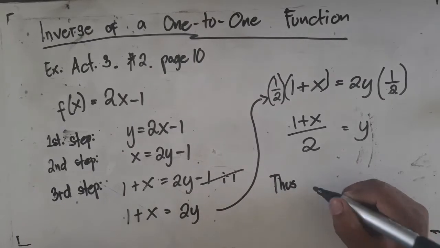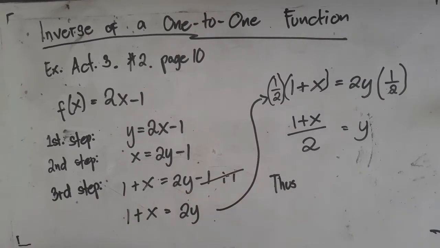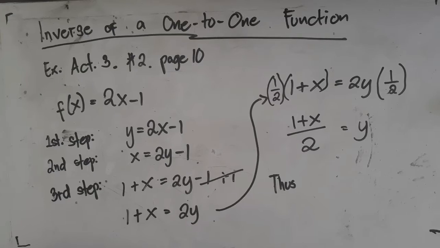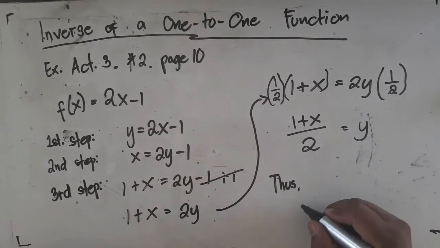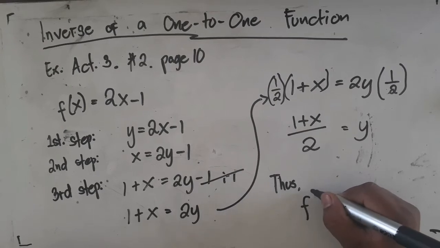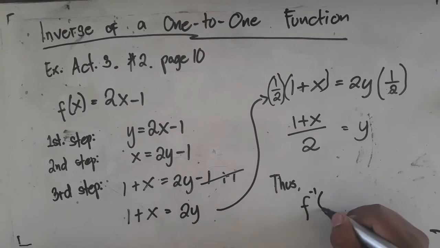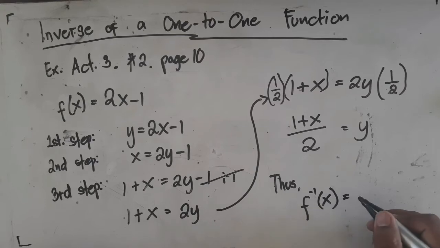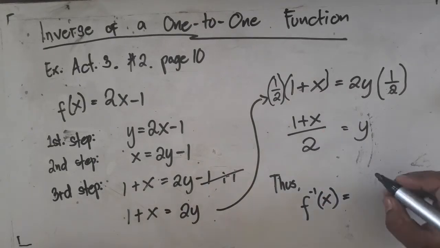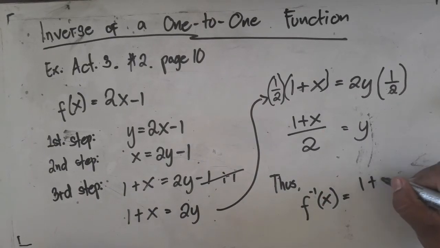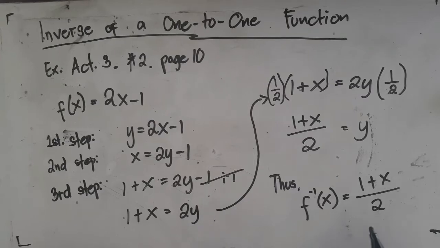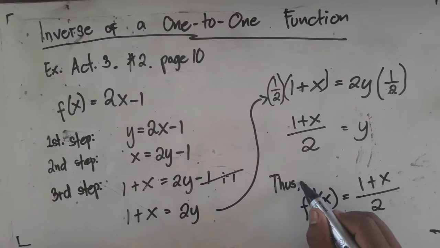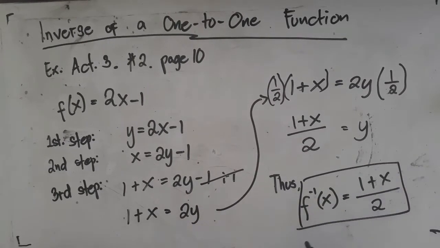Therefore, the inverse of your function in symbolic form or equation form, you have f negative 1 of x equals 1 plus x or x plus 1 over 2. So this is now your inverse.